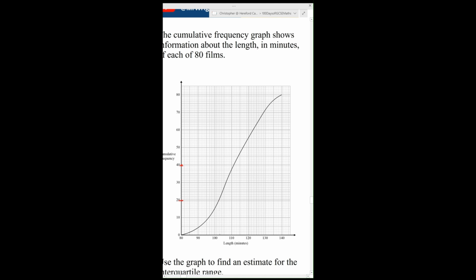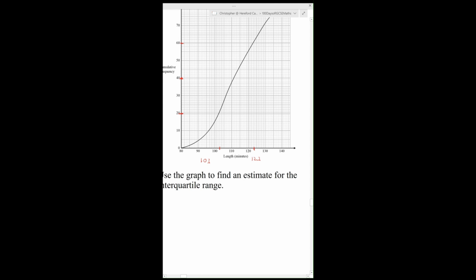If I was doing this in an exam, I'd be using a ruler and a pencil. So the length of that film is 103. And the upper quartile will be the length of the 60th film, which is 123. So the interquartile range is 123 take away 103, the difference between those two quartiles. So the interquartile range is 20 minutes.